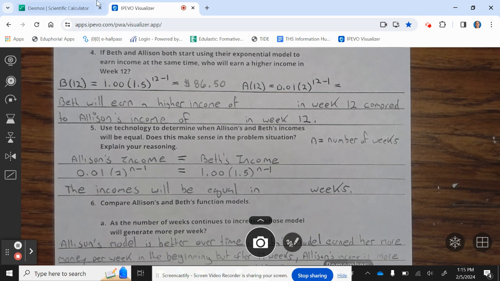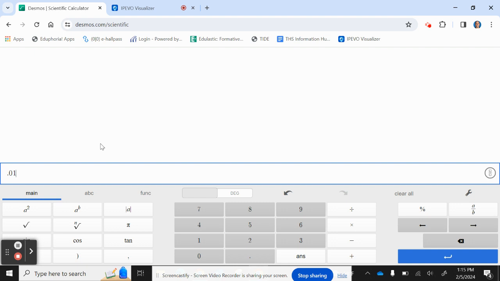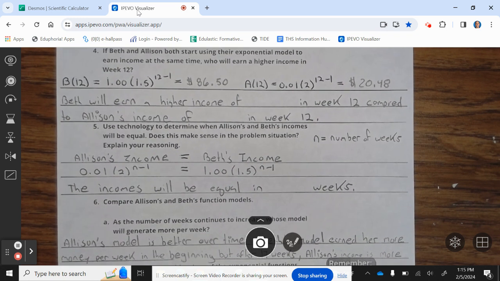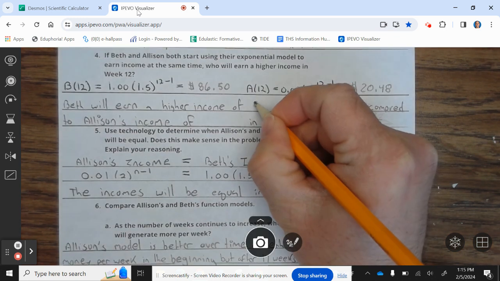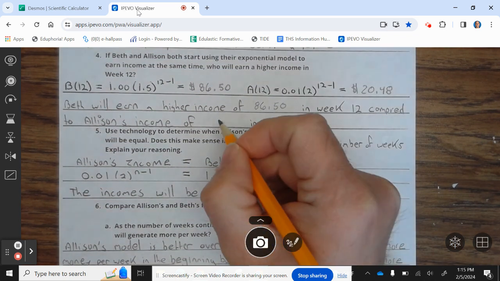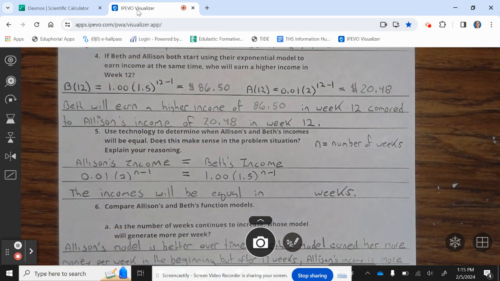And let's take a look at the other equation. Okay. Beth will earn a higher income of $86.50 in week 12 compared to Allison's income of $20.48 in week 12. Let's take a look at number 5.